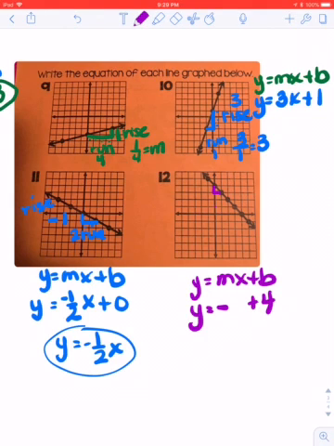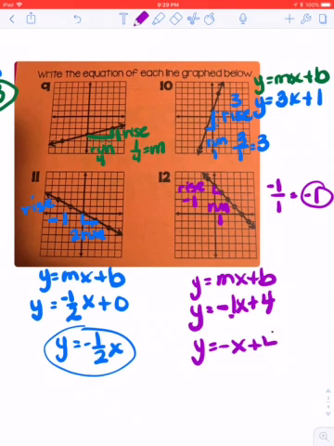Make a triangle between any 2 points, doesn't matter which one. So my rise is going to be -1, and my run is going to be +1. So -1 over 1 is going to be -1. So it's going to be -1x. Now, a lot of times people will drop this 1 because we assume it's there whether we write it or not. So this will be the way that you see it written.